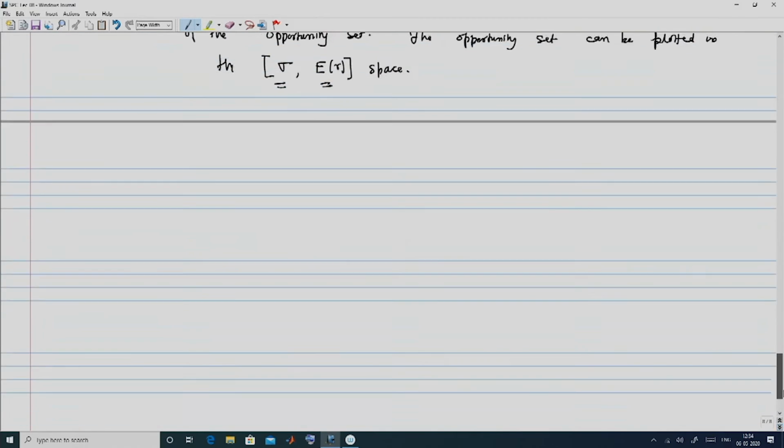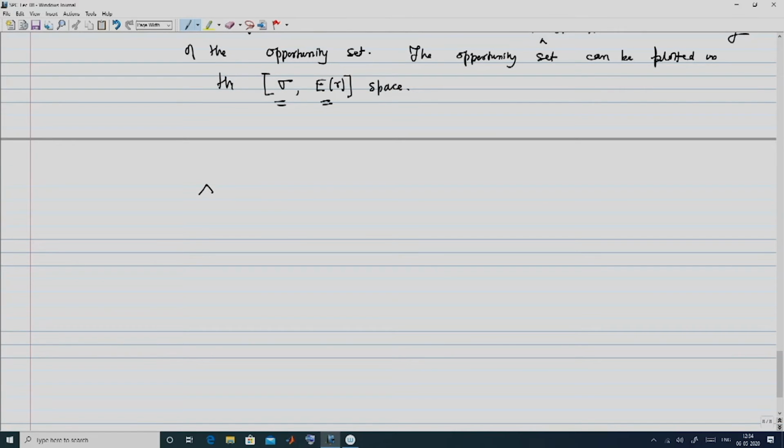So, graphically this will look something like this. You can actually see this in the context of a 2 asset portfolio. If you have the weights W 1 and W 2 satisfying the condition W 1 plus W 2 is equal to 1, then corresponding to each pair W 1 and W 2, we can use the formula to calculate E of R p and sigma of R p, and they will comprise these particular points.